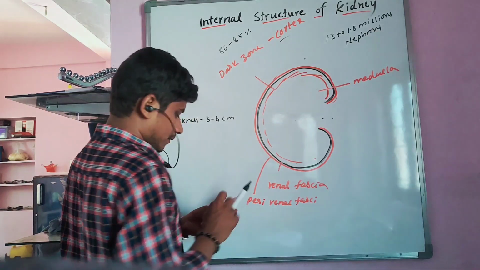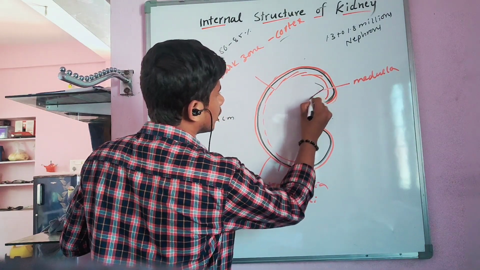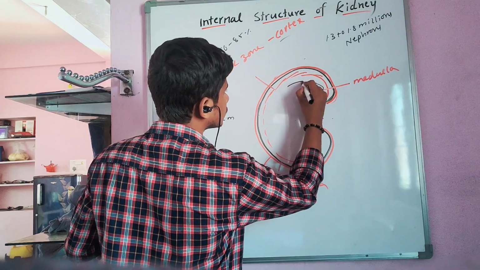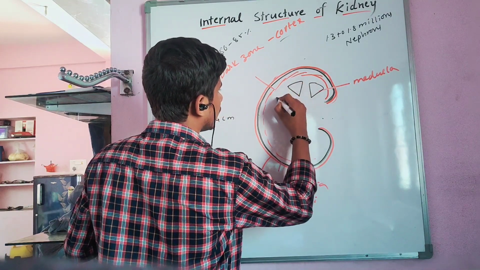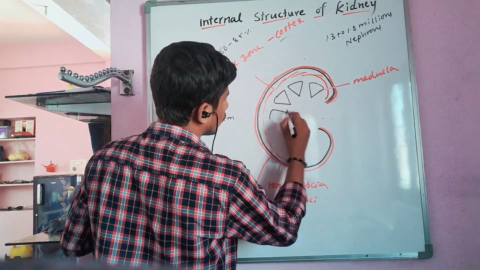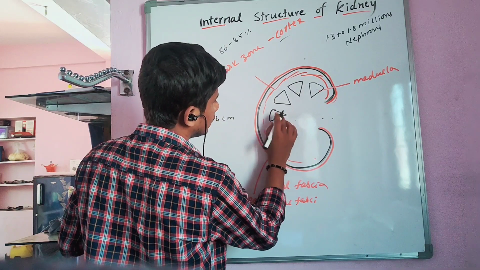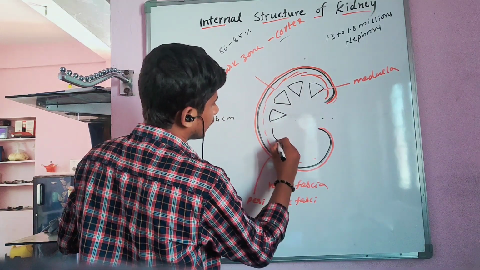Inside the kidney, in the medullary region, we see cone-shaped tissues called renal pyramids.